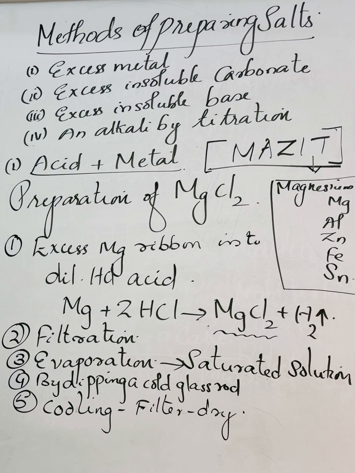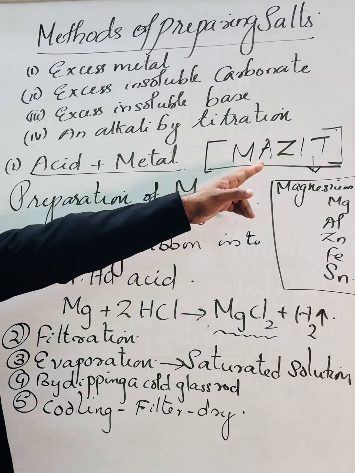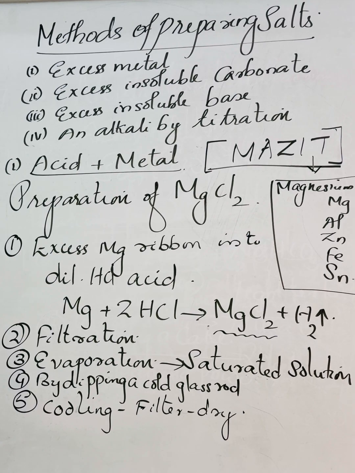This method can be used with less reactive metals such as aluminium. The metals usually used in this method of salt preparation are MAZIT metals, that is magnesium, aluminium, zinc, iron and tin.